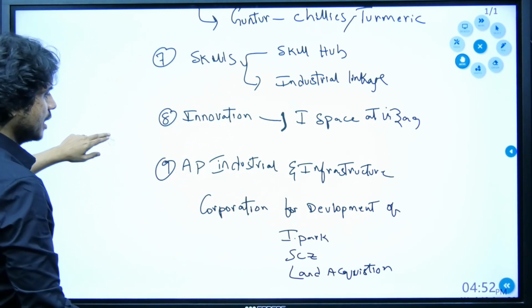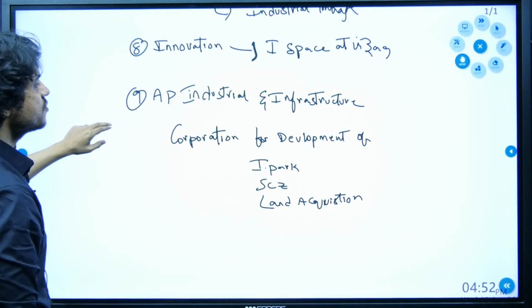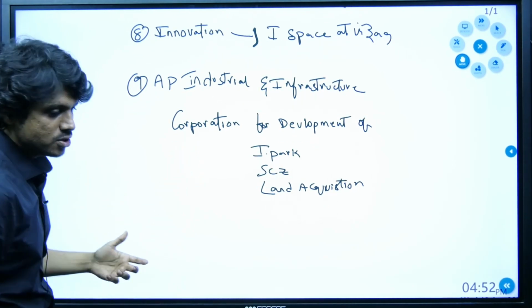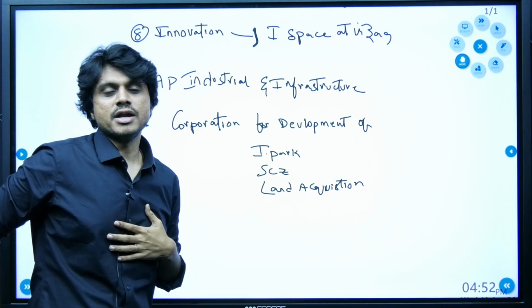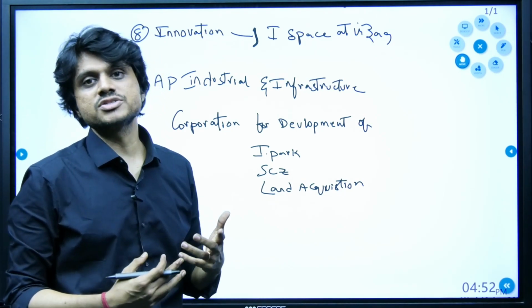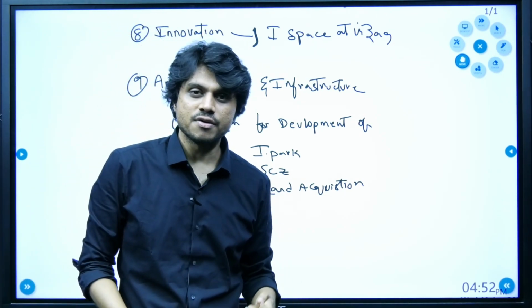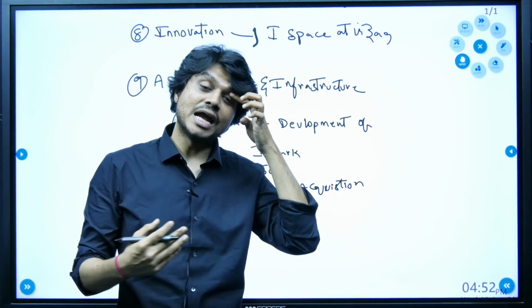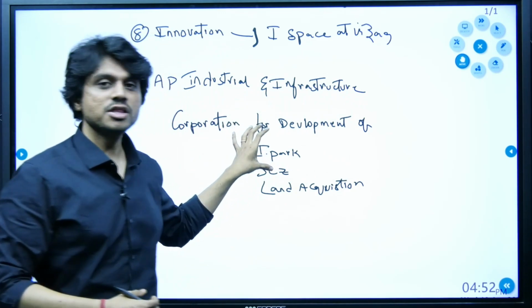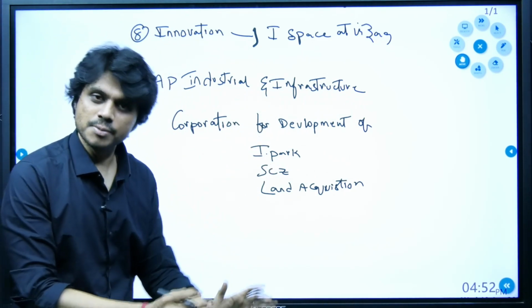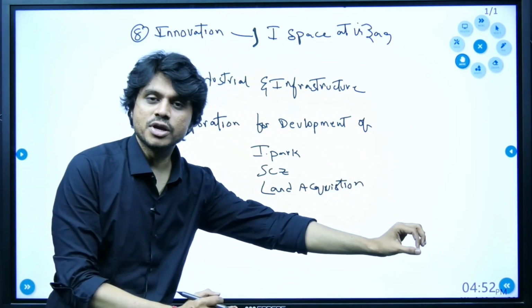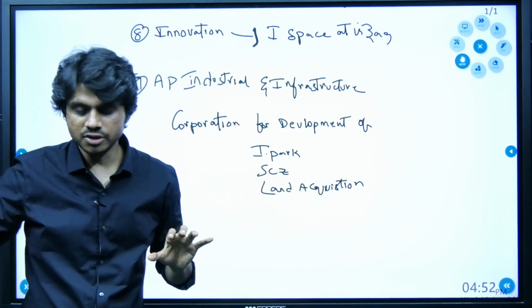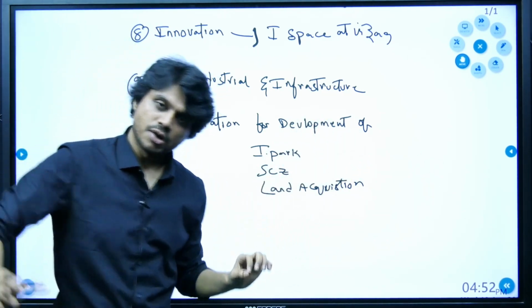Then a new body was created, the AP Industrial and Infrastructure Corporation. What does this body do? Let's say I'm a business person and I could not understand what requirements there are for me to start a business. I need land, I need some awareness and ideas. This government body will come to me and tell me, sir, come here, you need to get approval from here, you have to just do these signatures, we will provide you land.